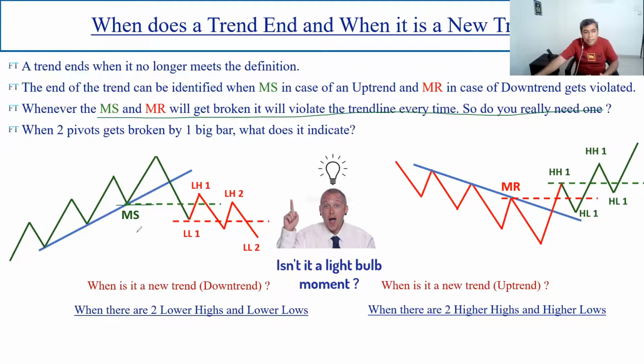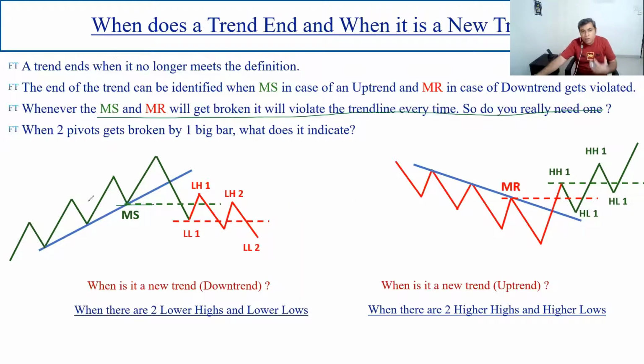So do you really need to mark a trend line in your uptrend? In my opinion, the answer is no, because when we have an uptrend, we always horizontally mark our supports and resistances. And when your major support gets broken, your trend line will also get broken. That is why there is no need for this tool.